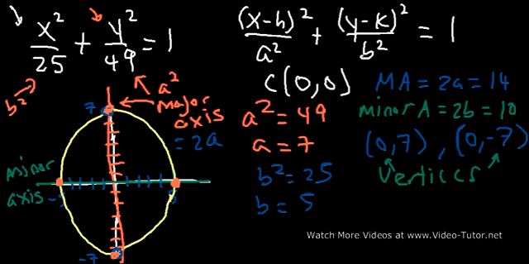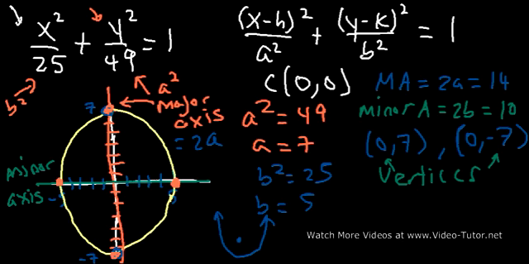Now the only other thing we need to find is the foci. The foci are along the major axis, somewhere in the middle. So there should be a focus somewhere along this major axis, between 0 and 7.